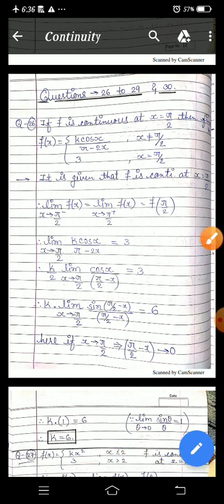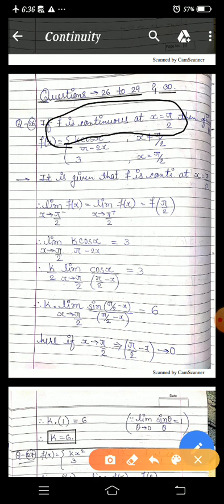So the function f is continuous at x equals pi by 2, and then the left hand side limit, the right hand side limit, and the value of the function at the given point must all be the same.